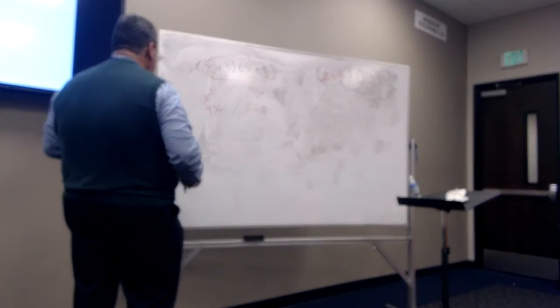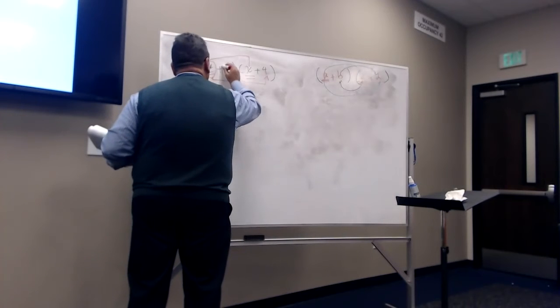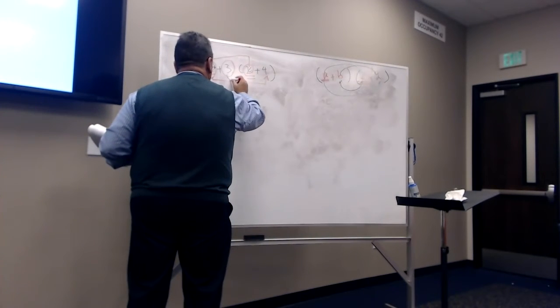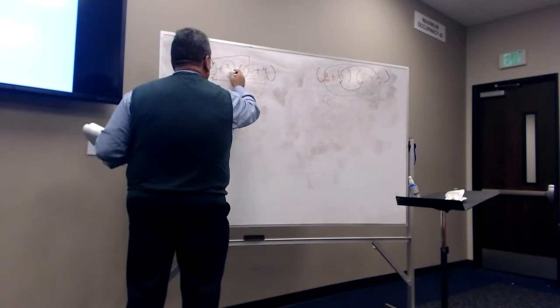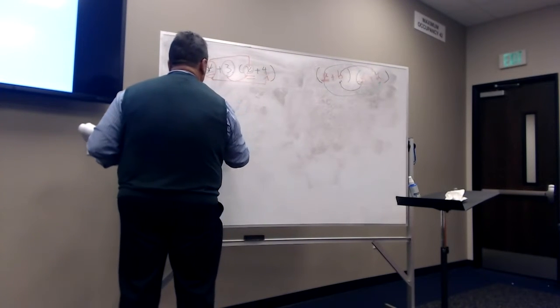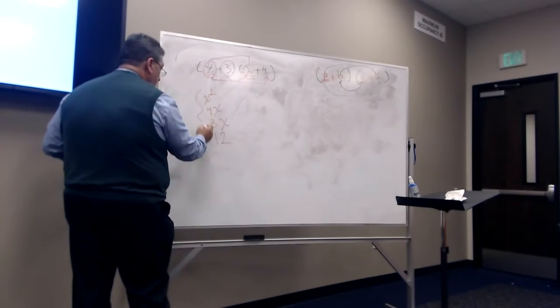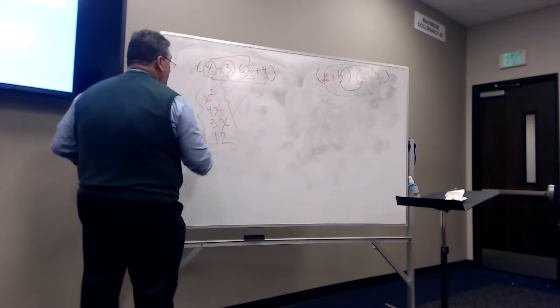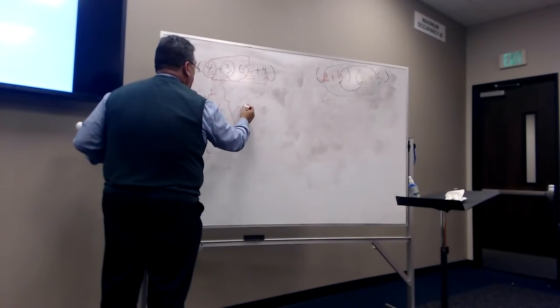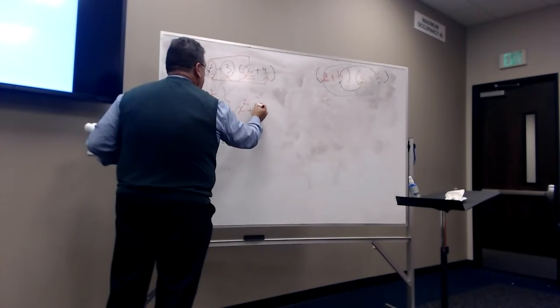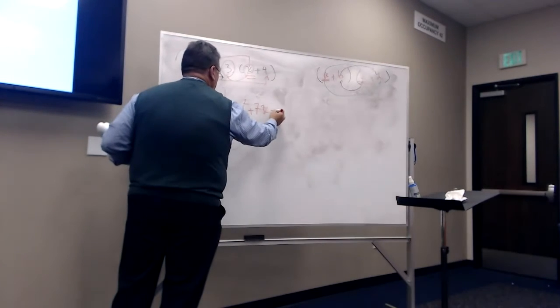Then inside terms, we have 3 times x, 3x, and the last term, 12. So this is the answer. And 4x plus 3x becomes 7x, so the answer would be x squared plus 7x plus 12.